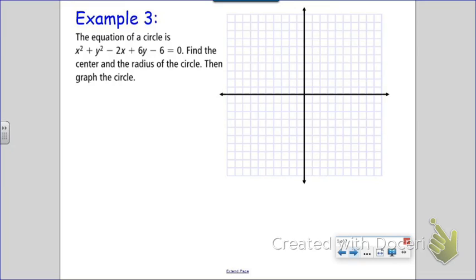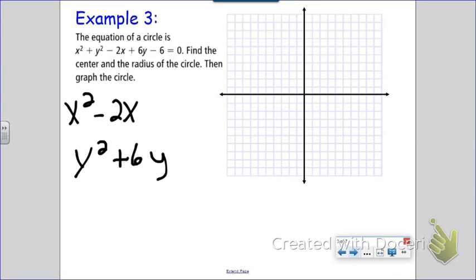We have to find the center and radius and then graph the circle. So I'm going to group the x's. I'm going to group the y's. This will become one long equation, and I'm going to move the 6 to the other side. We take half of this number, half of 2 is 1, squared, and add that to this side.